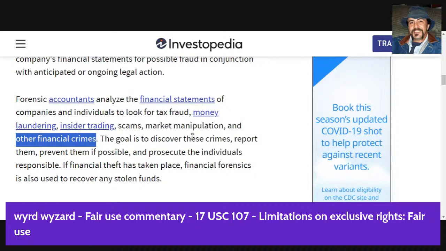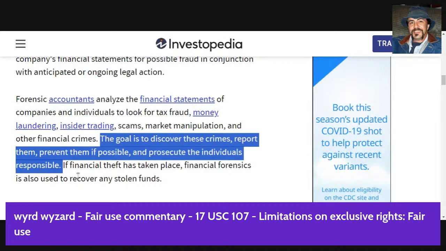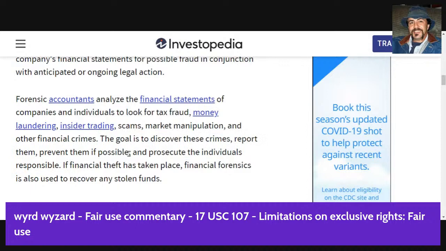The goal is to discover these crimes, report them, prevent them if possible, and prosecute the individuals responsible. I'm not here to prosecute anybody, but I am here to discover them, disclose them, and prevent them. I'm telling you, folks, do not give that information.